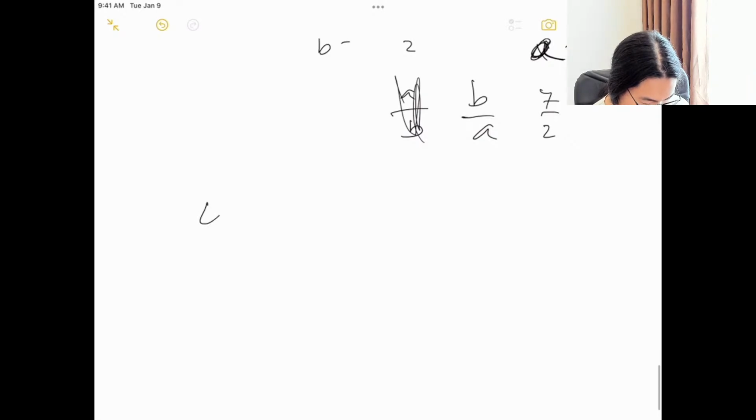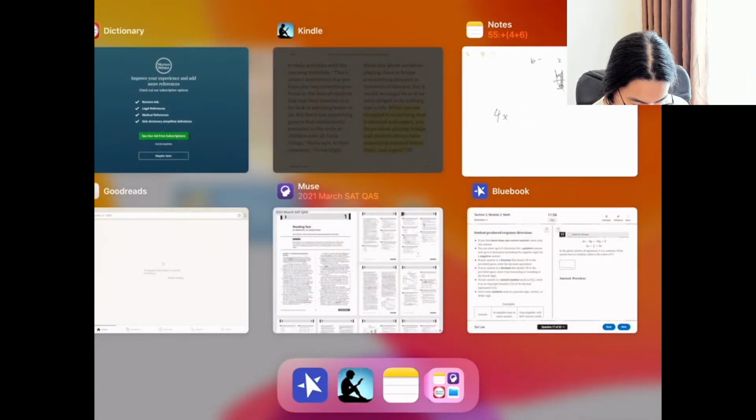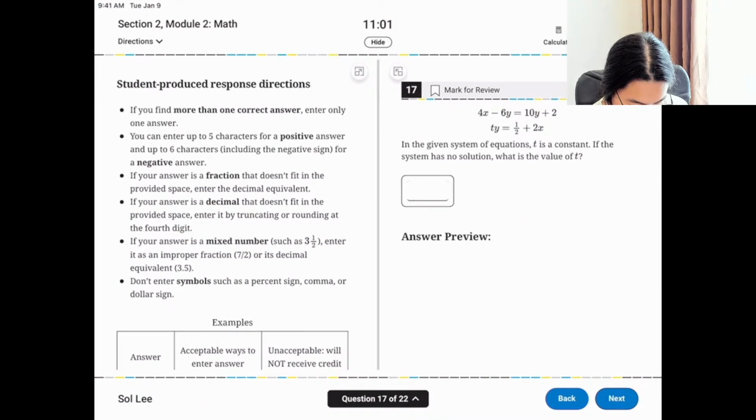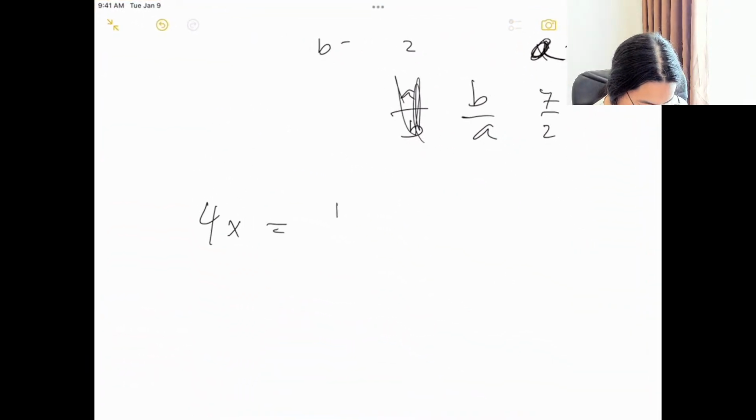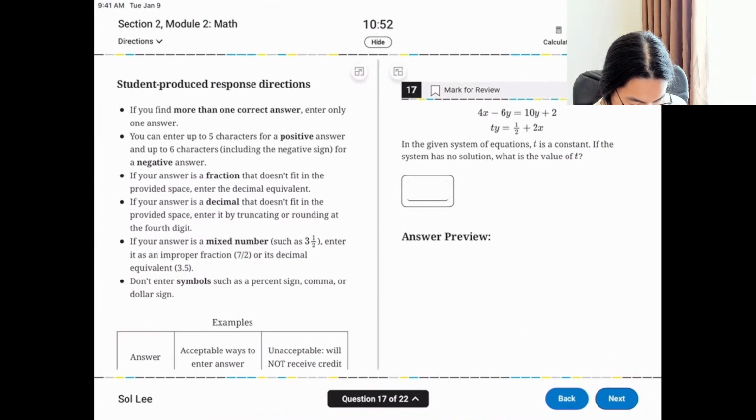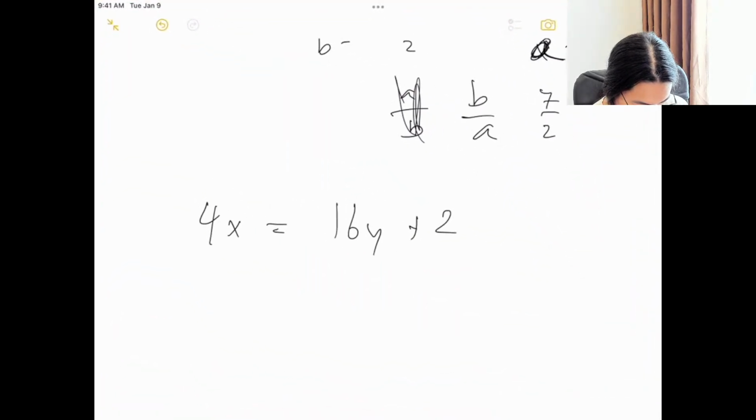That's so much stuff. Okay, 4x is equal to 16y plus 2. And then the other one is 4x equals 2ty minus 1.